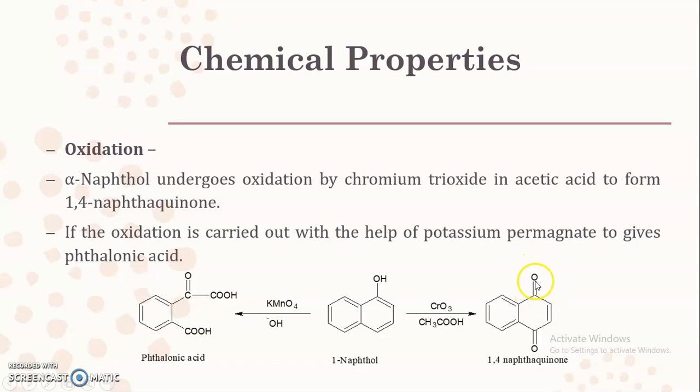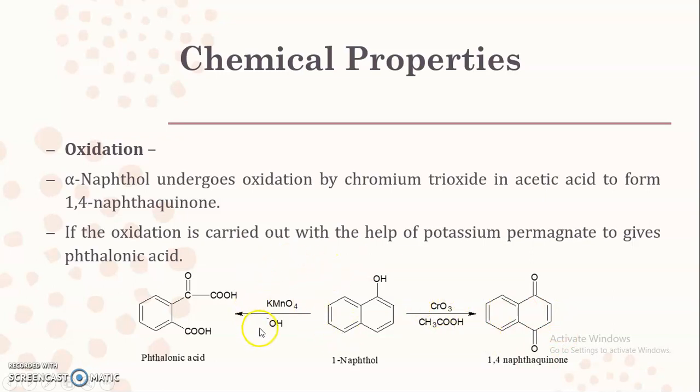Cyclic ketones means the oxygen, that is the ketone functional group, is directly linked to this aromatic ring. Here you can see that there are two oxygen atoms, and they are present at the 1,4 position. That's why it is known as 1,4-naphthoquinone. So this is the one product obtained by treatment with chromium trioxide.